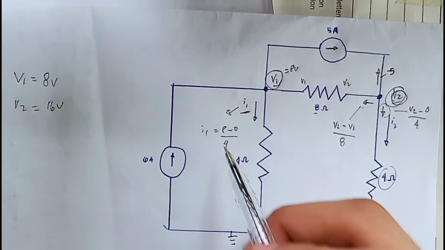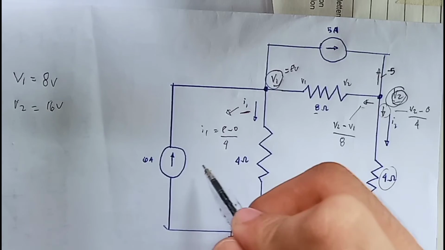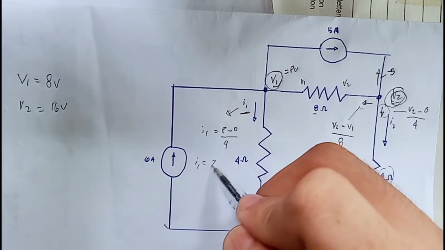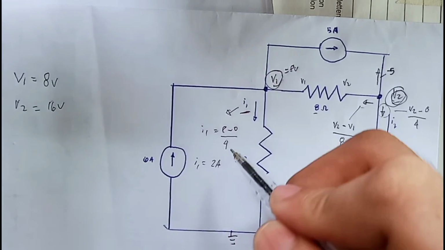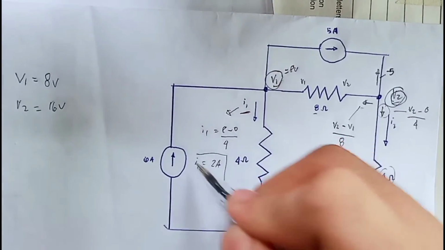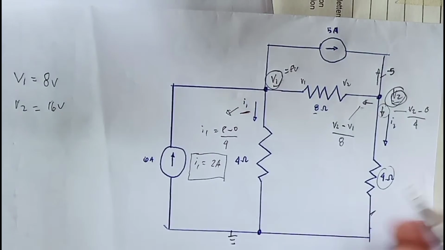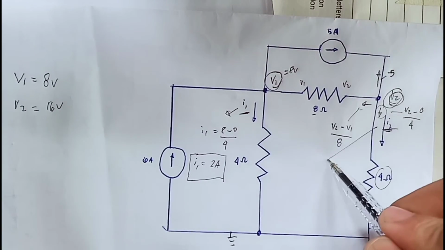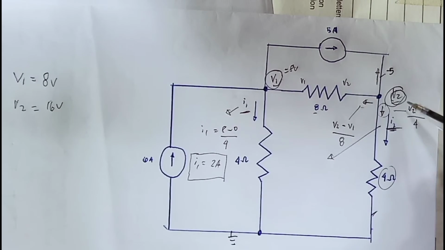So I1 equals 8 volts divided by 4, which is 2 amps. So the answer is I1 equals 2 amps.